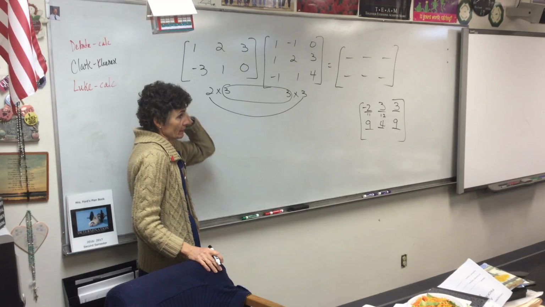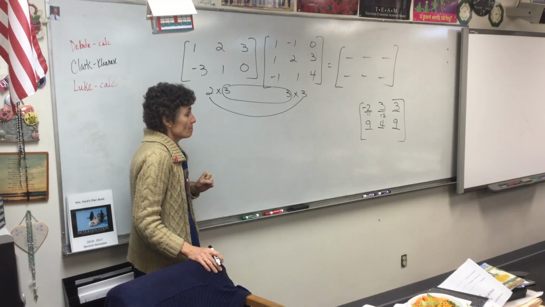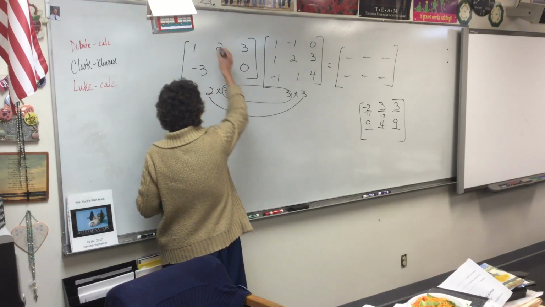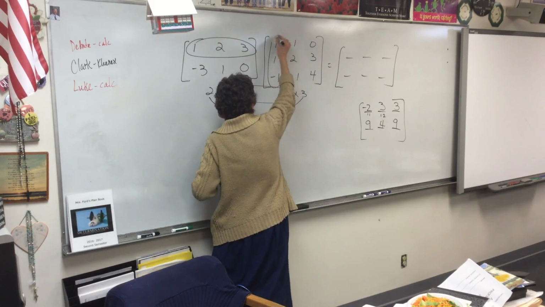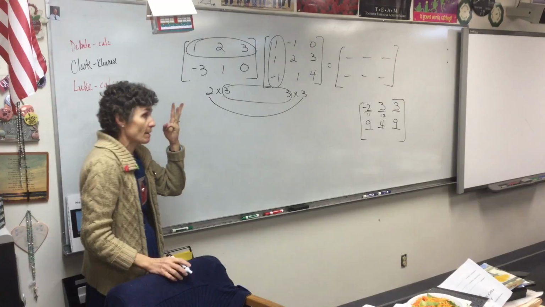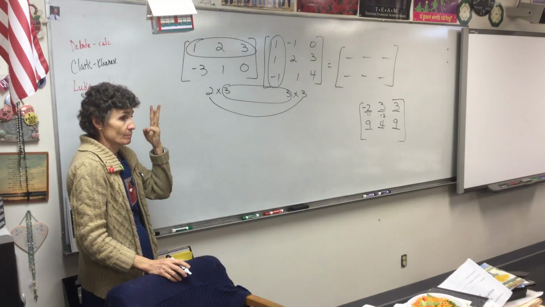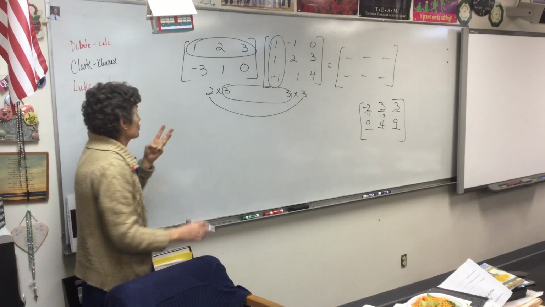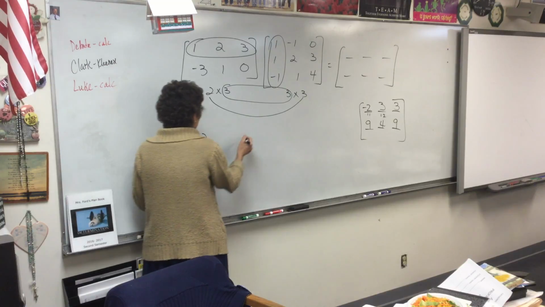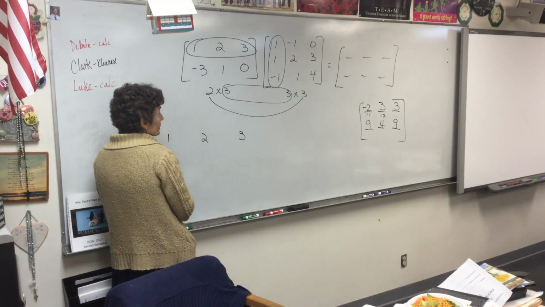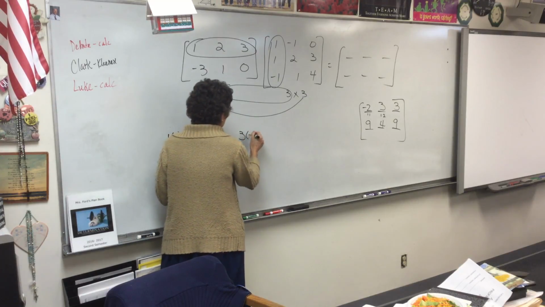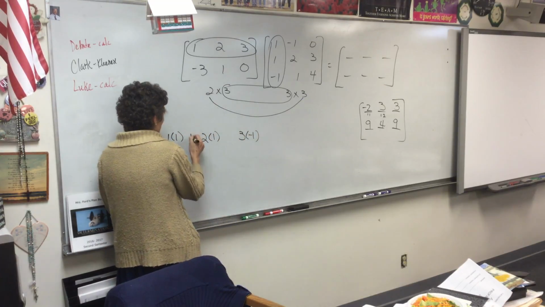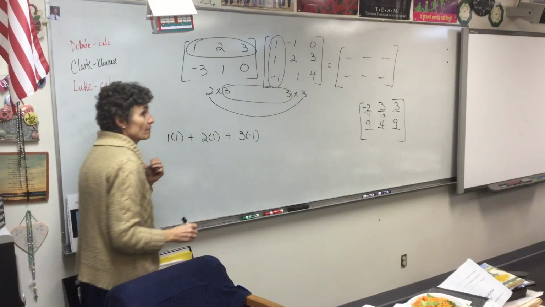Now this one's going to be a little bit tougher because when you multiply row 1 by column 1, you have 3 numbers to keep track of. So here are the numbers in row 1. Here are the numbers in column 1. So you're going to do that multiplication and add them up.